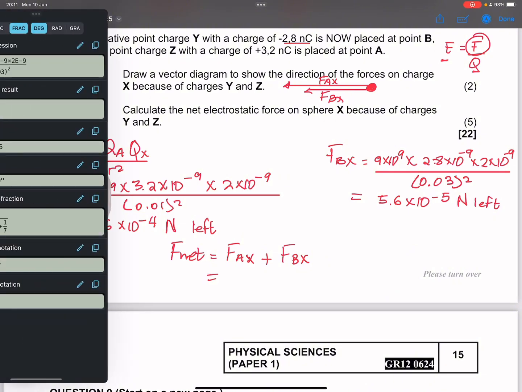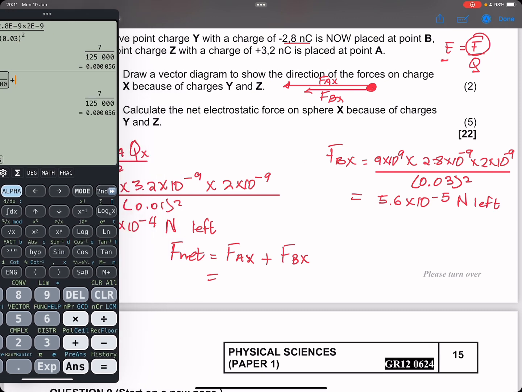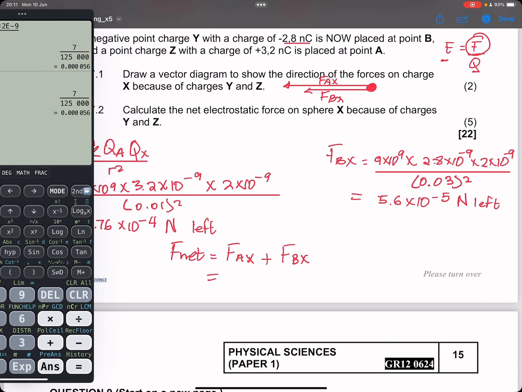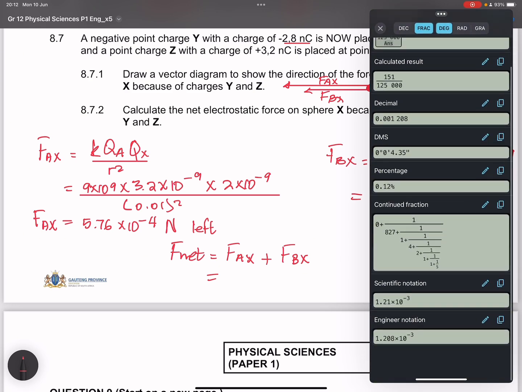All right, so I've got that value there, plus the 5.76 exponent -4. Right, and what do we get for a final answer? Okay, so let's get that in scientific form.